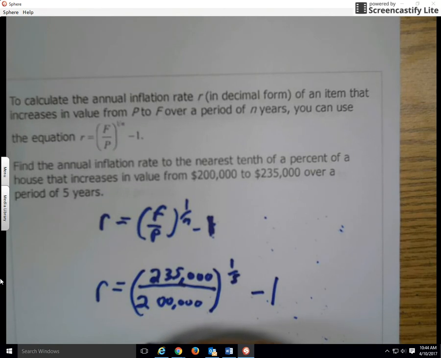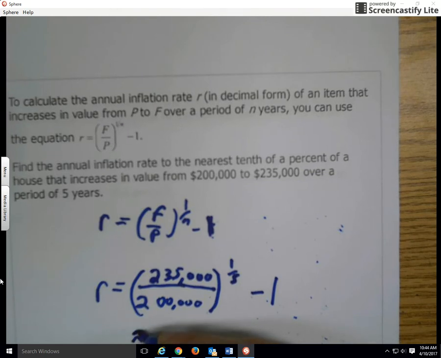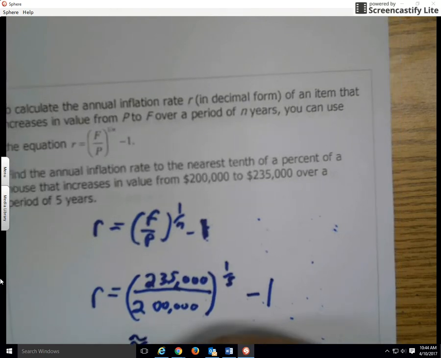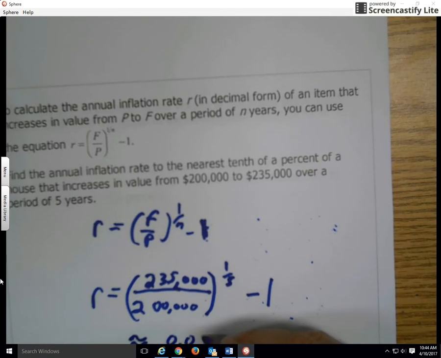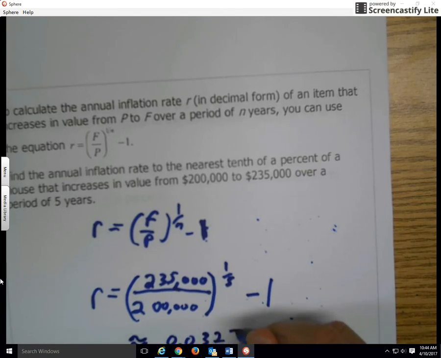And the answer, then we have to do it to the tenth, it said, right? So the answer would be something like approximately 0.03278.